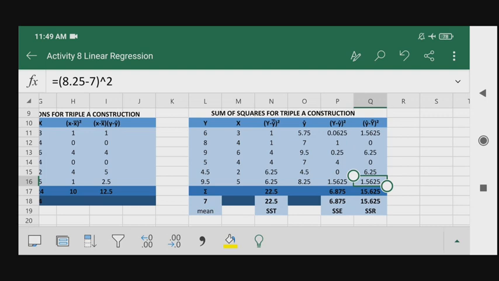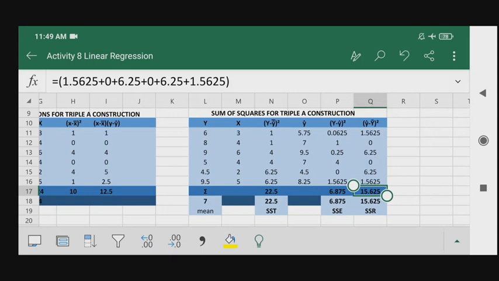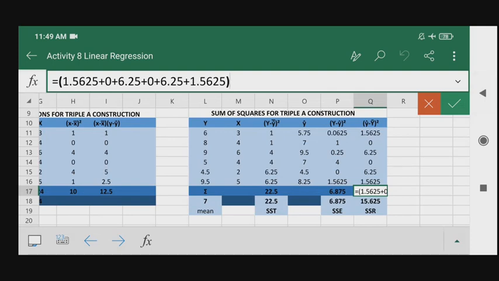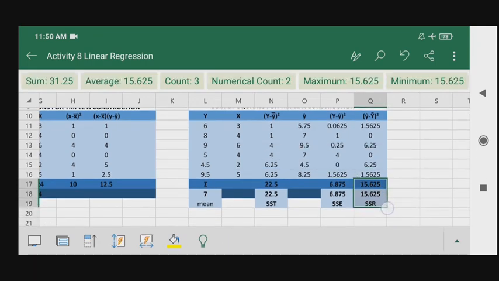To get the sum of square due to regression, we add all of these: 1.5625 plus 0 plus 6.25 plus 0 plus 6.25 plus 1.5625 equals 15.625. This is now the sum of square due to regression.